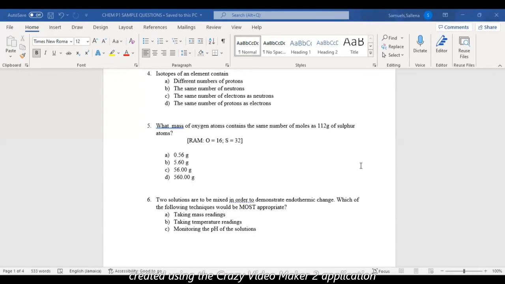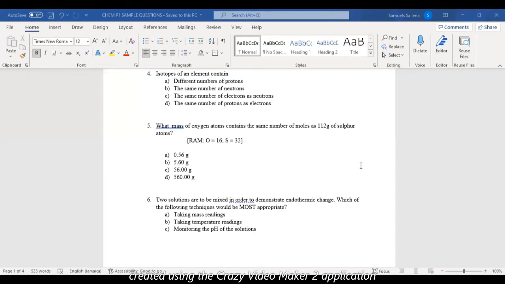And then we will proceed to find the mass of oxygen atoms that contain the same number of moles as 112 grams of sulfur atoms. So we will multiply the molar mass of oxygen by the moles which we obtained earlier, which was 3.5.